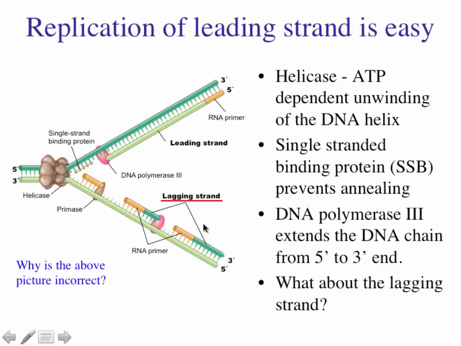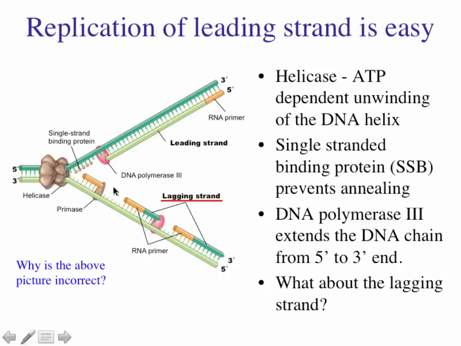So the problem is the lagging strand, as you know. The lagging strand is going to polymerize in the opposite direction, away from the fork. Whereas in the leading strand, the polymerase is basically, as Georgina said, following the helicase. In the lagging strand, the polymerization is happening in the other direction.